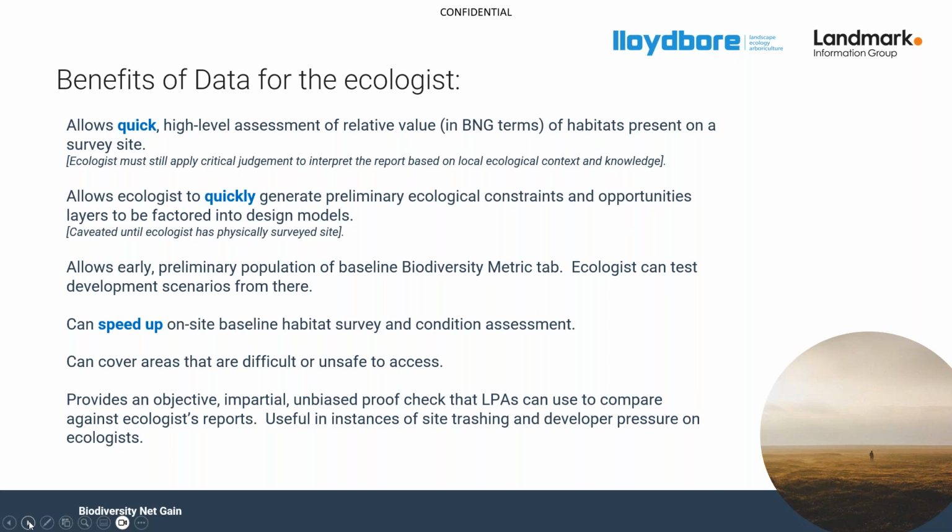Having this multi-year data set feeding these tools is really useful, both for the ecologist in giving confidence in saying, here's an objective report that shows this is what we found, and therefore we think there is a genuine discrepancy here. It also gives the authority that ability to do that if they think there's a question mark about what's happened to that site.